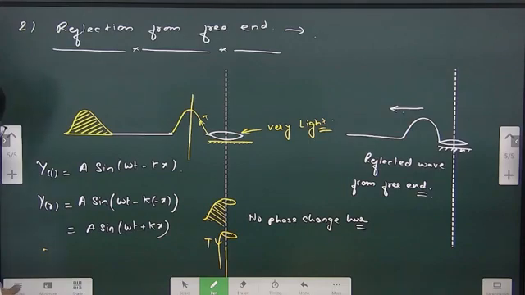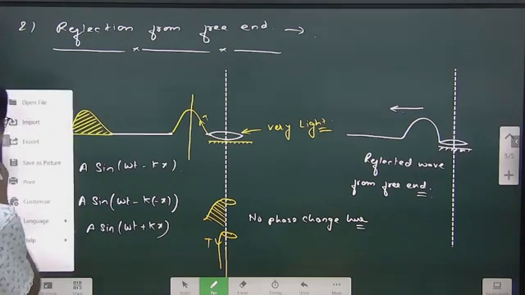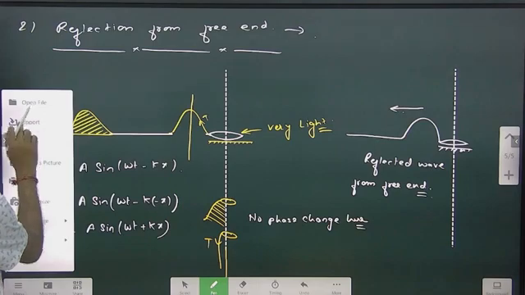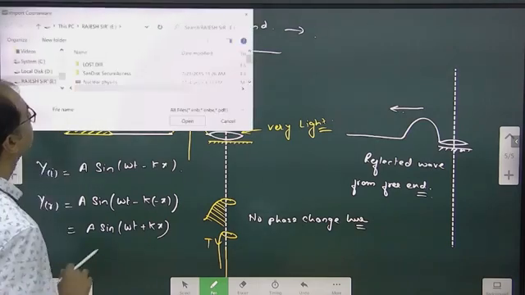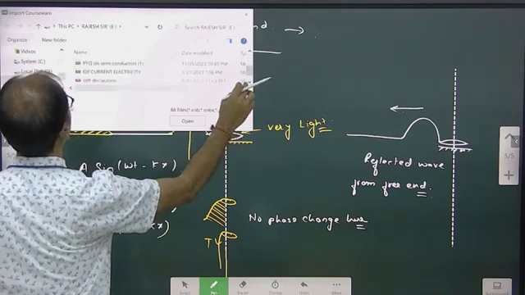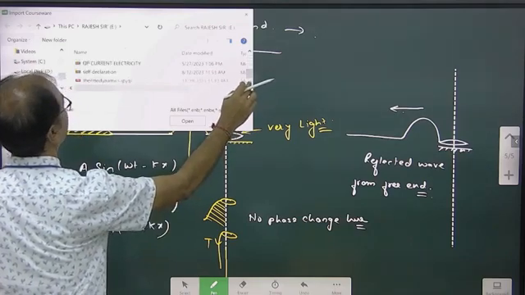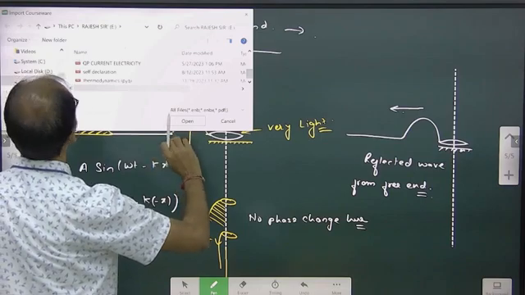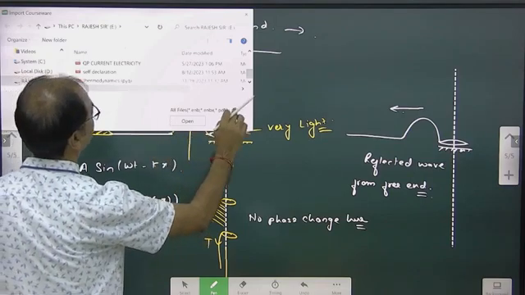Let's try and see. I thought that I'll show you a video. Possibly, let's see if we can play it. It's not showing from here.